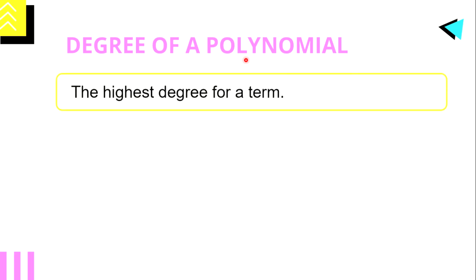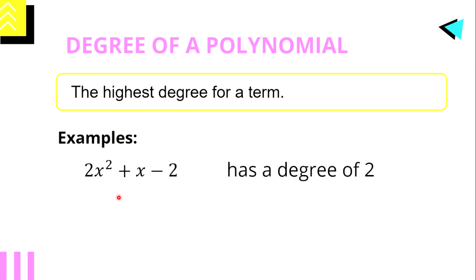How about the degree of a polynomial? Meaning we have two or more terms. So how do we get its degree? Here, we just need to get the highest degree among the terms. Meaning we have to classify which term has the highest degree. Example: the given 2x squared plus x minus 2 has a degree of 2. Why?